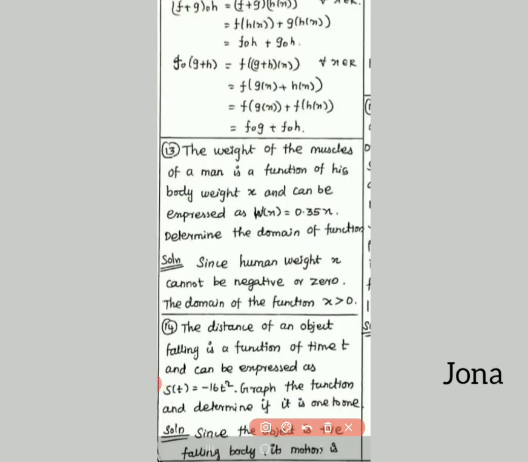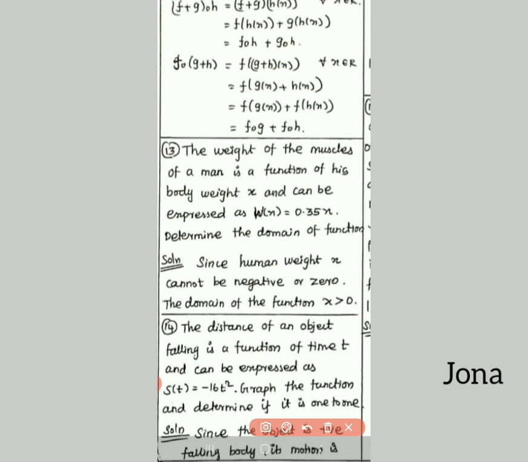13th sum. The weight of the muscles of a man is a function of his body weight x and can be expressed as w of x equal to 0.35x. Determine the domain of the function. Okay, here the weight of the muscles of a man is a function of his body weight.